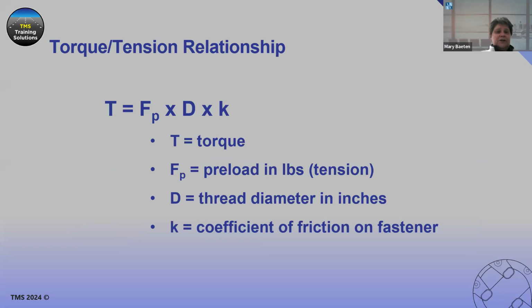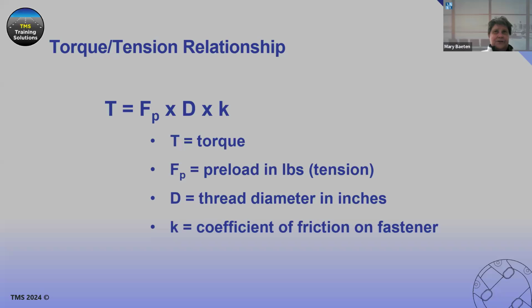This is the formula that Seb talked about. We're solving for torque here. So we have the torque, which is the T. We have the preload in pounds, which is the tension in the bolt. We have the diameter of the bolt, which we know. And we have the ephemeral coefficient of friction, which is an unknown. The coefficient of friction in here is not just the coefficient of friction.